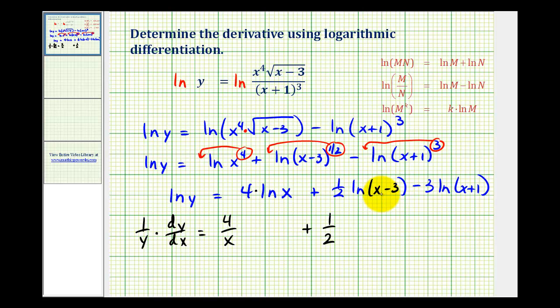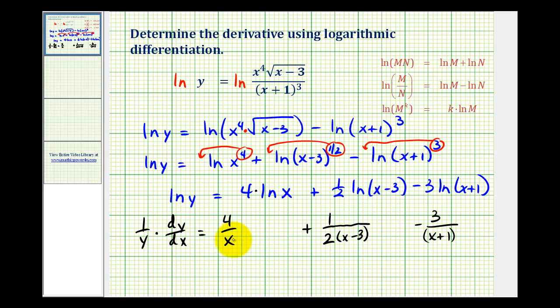We may be thinking the chain rule here, but if u is equal to x minus 3, u prime would be equal to 1. So the derivative of natural log x minus 3 is just 1 over x minus 3. So we'd have 1 over 2 times x minus 3 here, minus 3 times the derivative of natural log x plus 1, which is 1 over x plus 1. Again, if we apply the chain rule, u prime would just be 1.